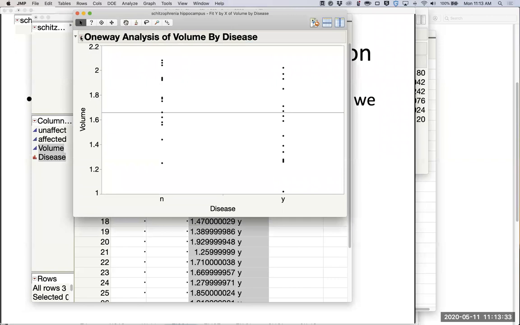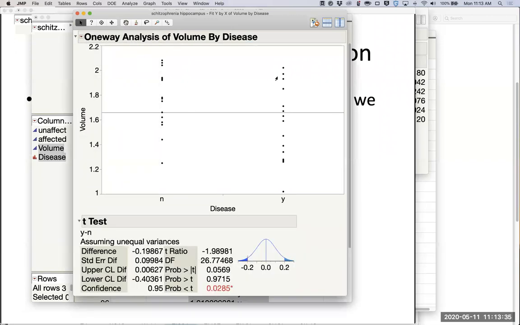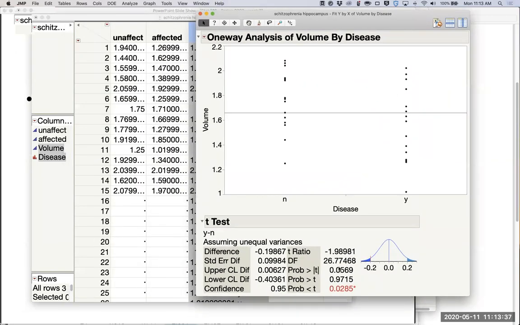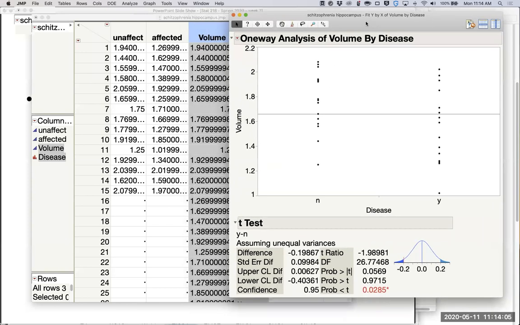So if I were to turn on the t-test, I would have a conclusion of 0.06. I cannot spot a difference between the two groups. There's a lot of overlap in my two separate samples. Forgetting the pairing information will give us the wrong conclusion. My confidence interval is still centered at the right place, 0.09, but it's both negative and positive, the lower and the upper end. I cannot spot a difference between the two hippocampus volumes.